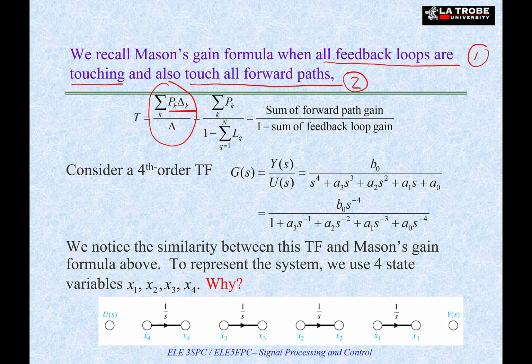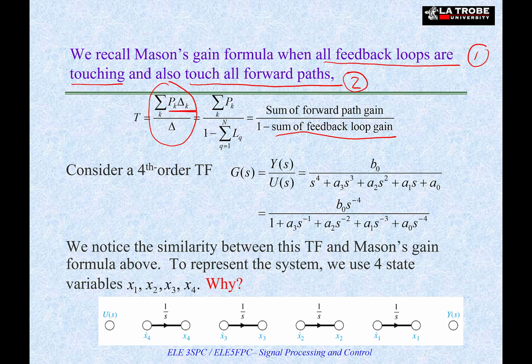When all the loops are touching each other, we won't have any two non-touching loops or three non-touching loops. Therefore, in the delta formula, only the sum of feedback loop gains, the terms in the first bracket, are remained. And all the other brackets do not exist anymore.